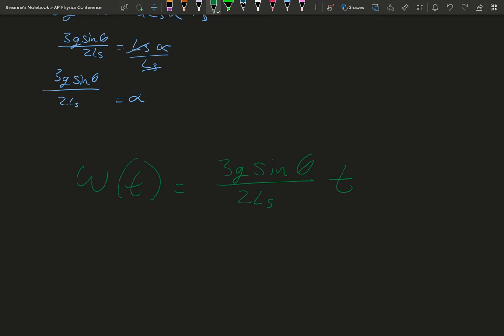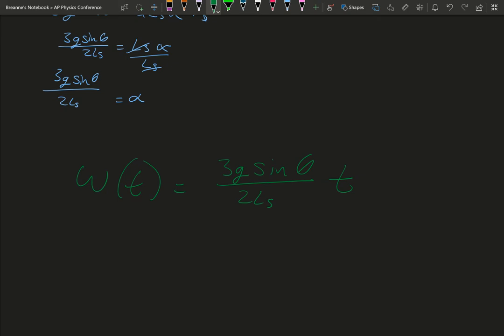And the reason is because as it's rotating, as it's going in a circle, your omega is going to get bigger, and then eventually when it gets to the top, it's going to get smaller again. And so we have to show that. It stated that this was your acceleration.